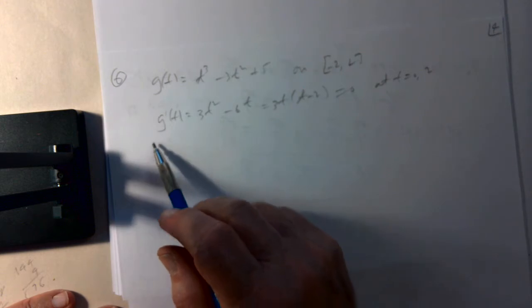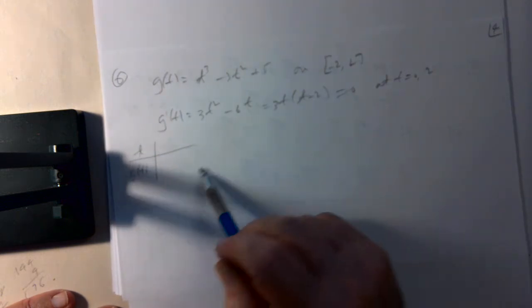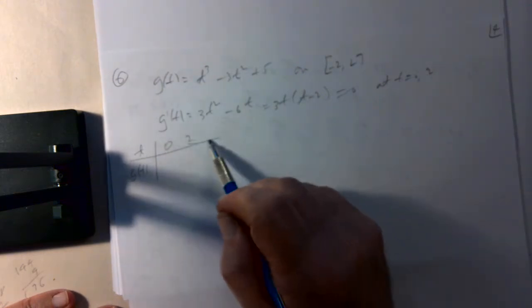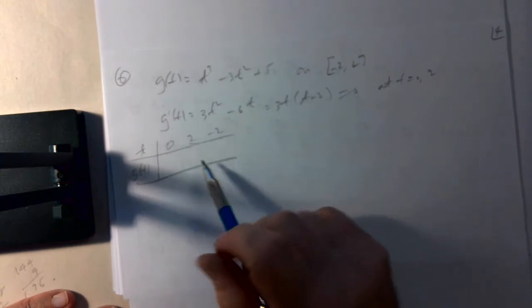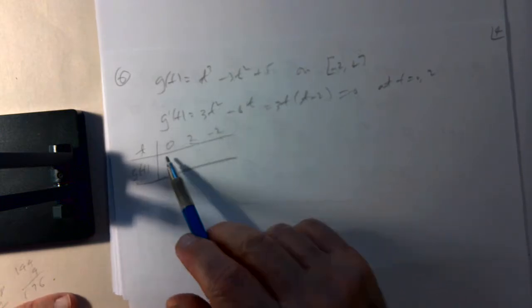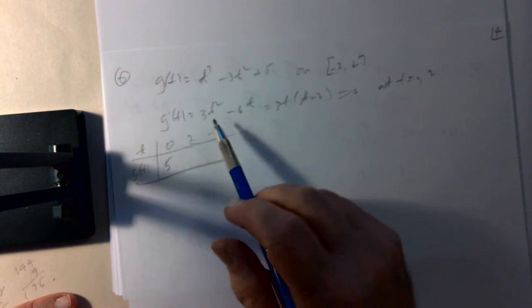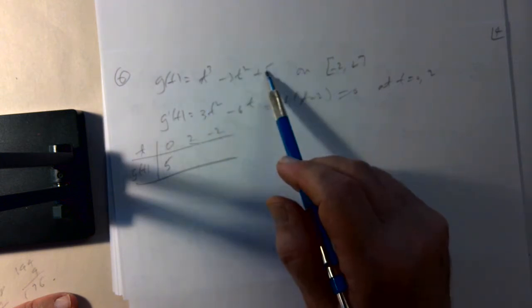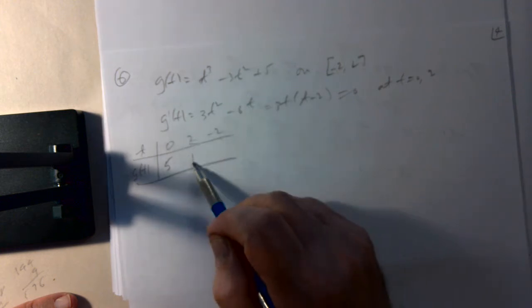So we make a little table, t and g of t. We have to look at the relative maxima and minima, and also the endpoints. One of the endpoints happens to be 2, so we only have to calculate this function at 3 points. When t is 0, this is 5. When t is 2, this is 8 plus 5 is 13 minus 12, so that's 1.